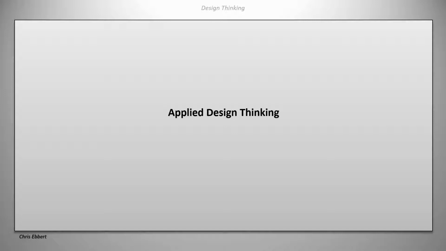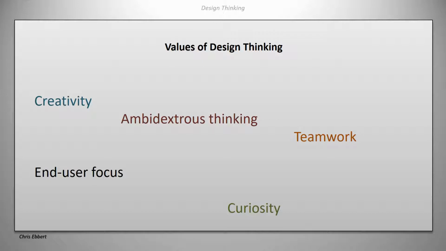If we go into applications of design thinking now, you'll basically find that these 5 words here are the key words. So the key values that you've got to have to be able to do design thinking properly are creativity.